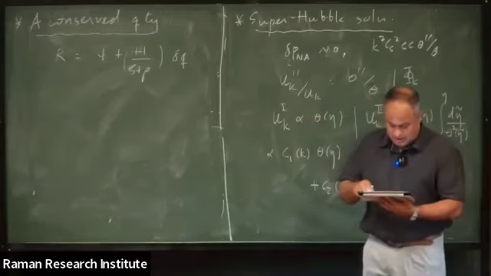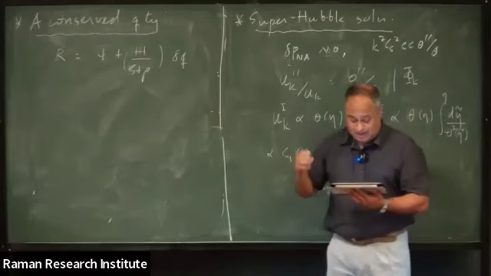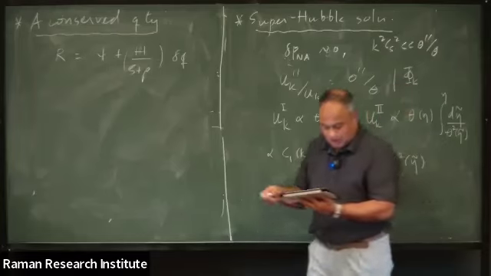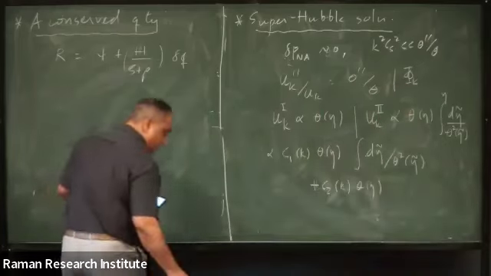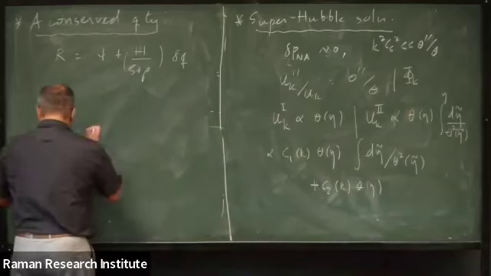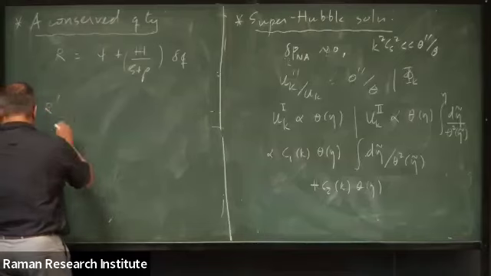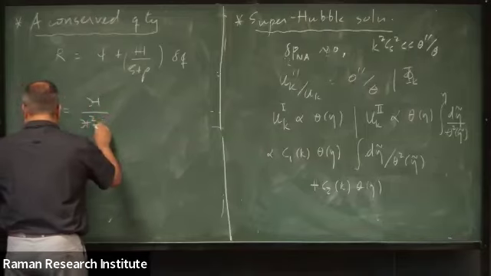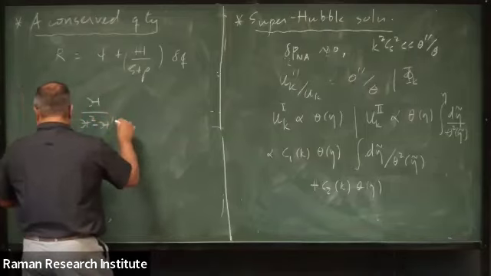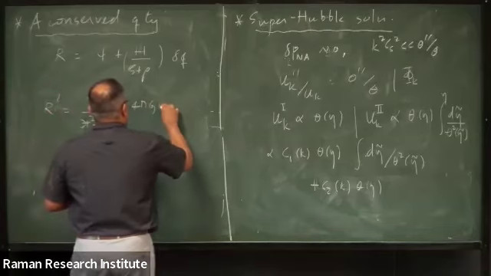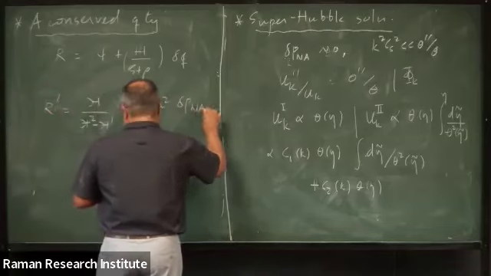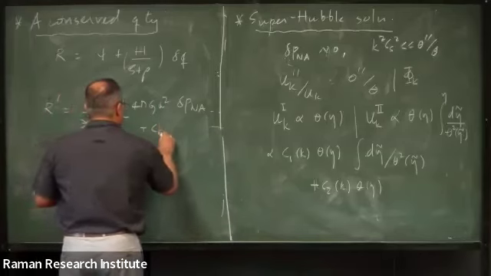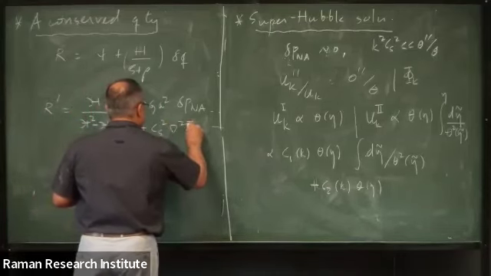And now you can make use of the 0i equation to rewrite in the form and so on, but I'm going to skip all that and show the following. You can take the time derivative of this, R prime, and show that this is an identity: H squared minus H prime, 4 pi G a squared delta P non-adiabatic, plus c_s squared nabla squared phi.